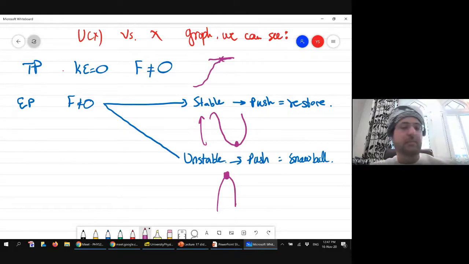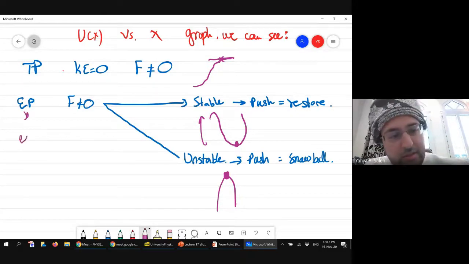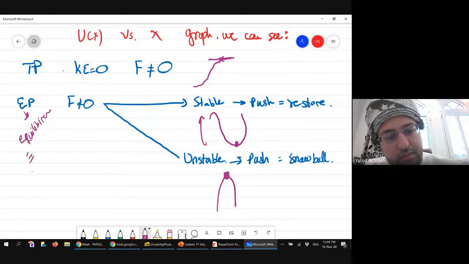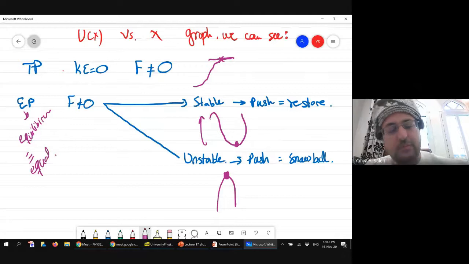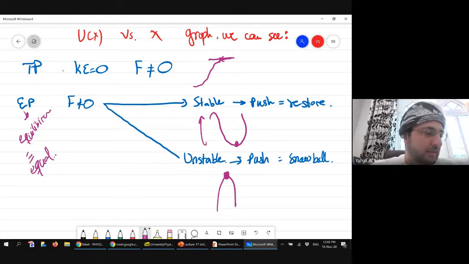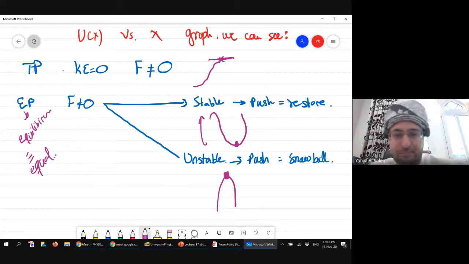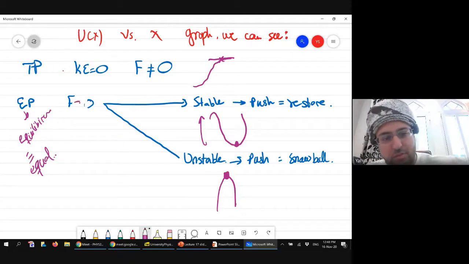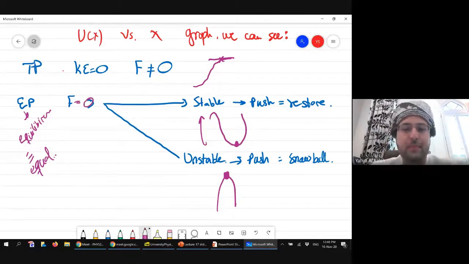EP is equilibrium point, yes. E is equilibrium, meaning equal. Sorry, F is equal to 0, not equal. Okay. How do we explain this mathematically?